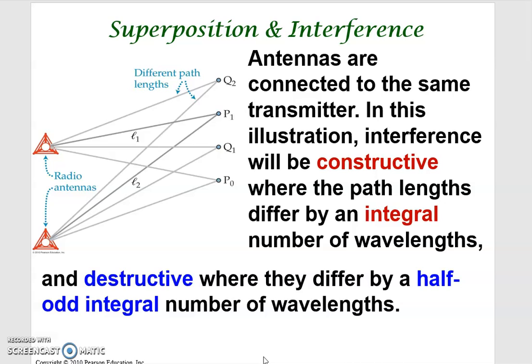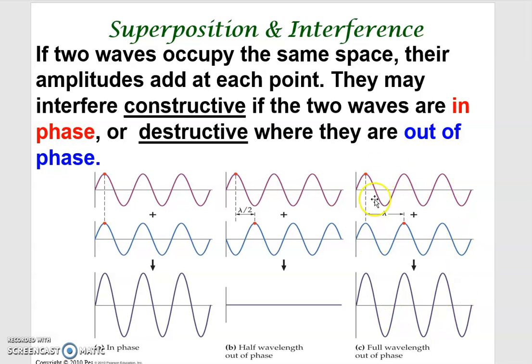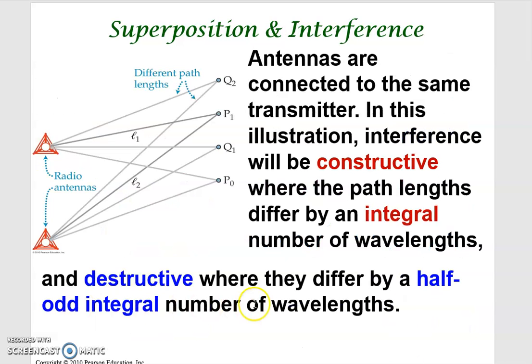When we say there is a constructive interference at P0, it means that the path lengths from the 2 different wave sources differ by an integer number of the wavelengths. That is what we just said here. As long as they differ by an integer number of the wavelengths, here it is 1 full wavelength, then we say that these 2 are in the so-called constructive interference.